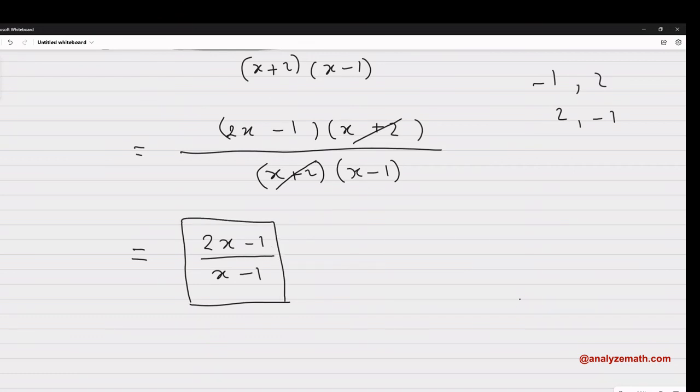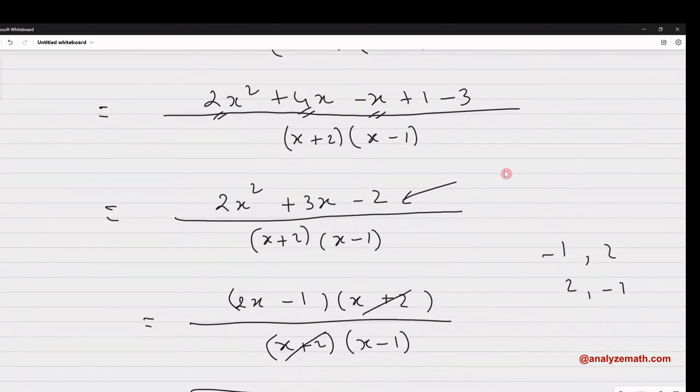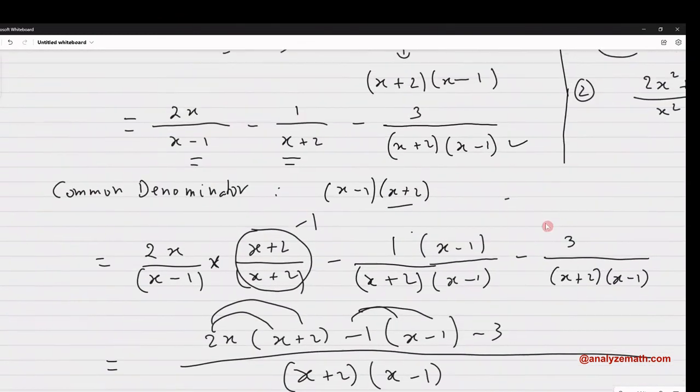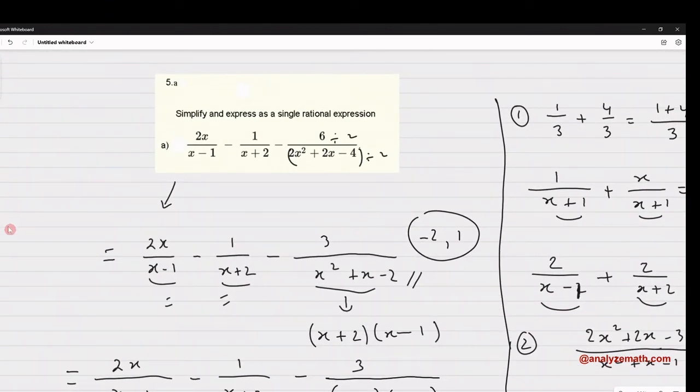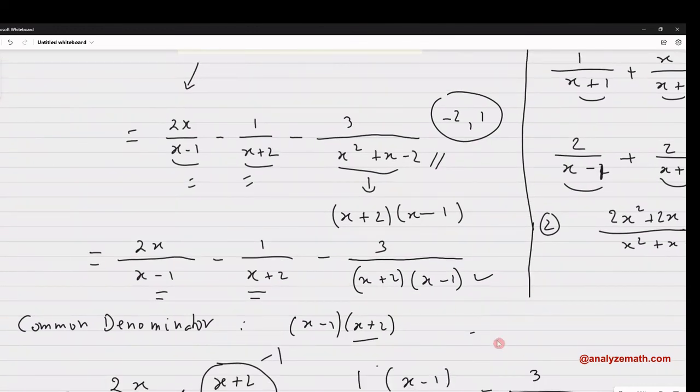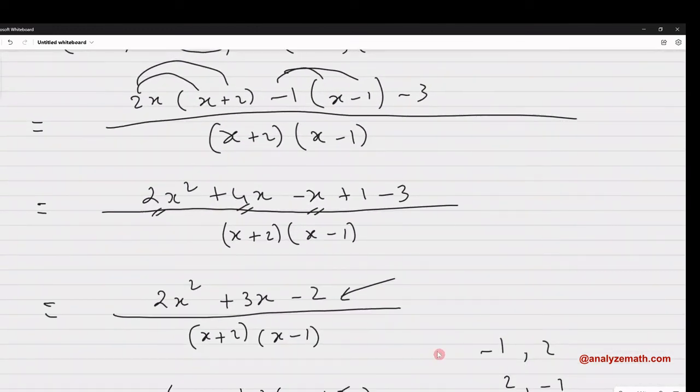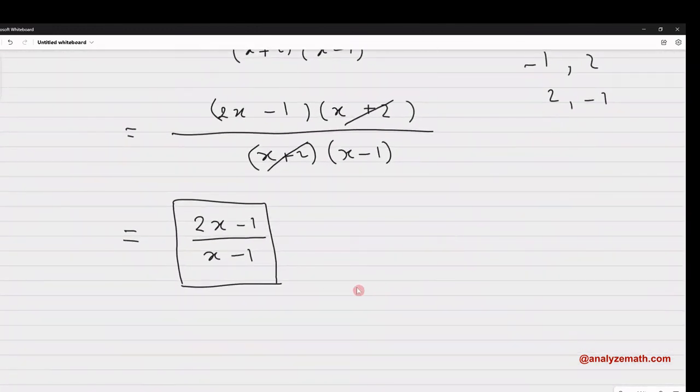So this is the final answer, the simplification of the given expression at the beginning. Now again, I try to show all the possible steps so that we understand once and for all how to do these kinds of questions.